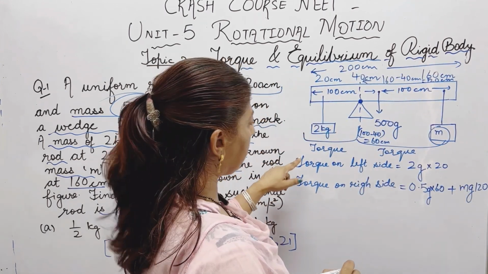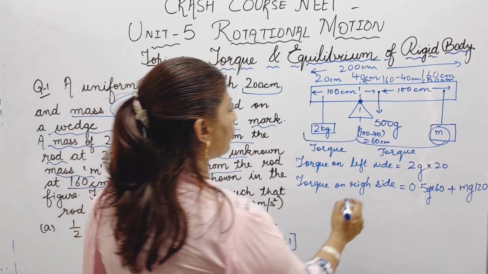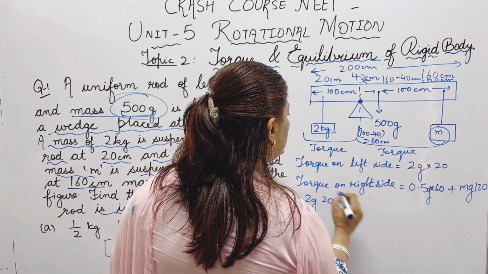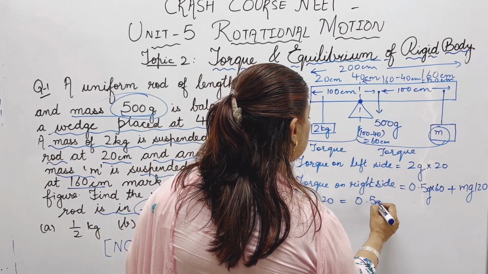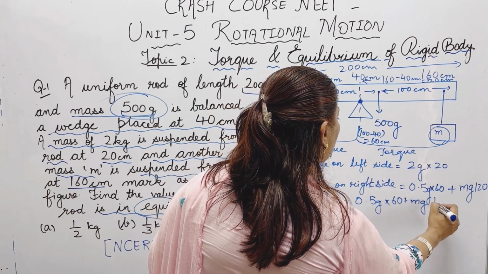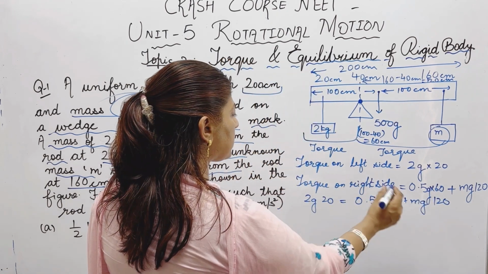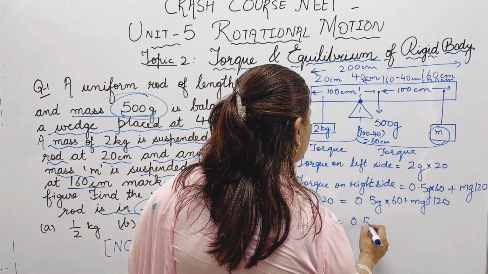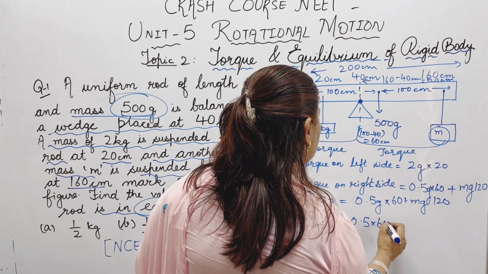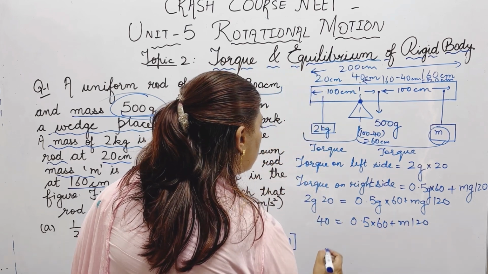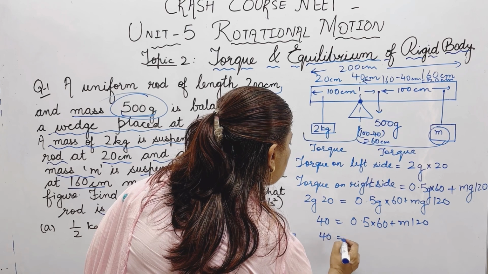Now equating these two torques on both sides, we have 2g into 20 is equal to 0.5g into 60 plus mg into 120. So g is cancelled out throughout. 40 is equal to 0.5 into 60, which is 30, plus m into 120.